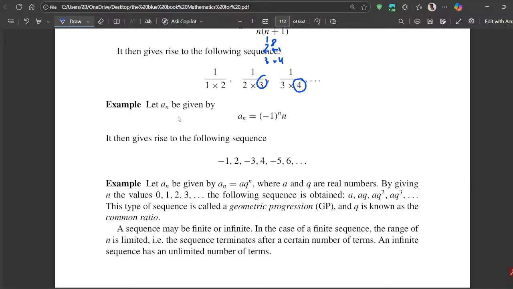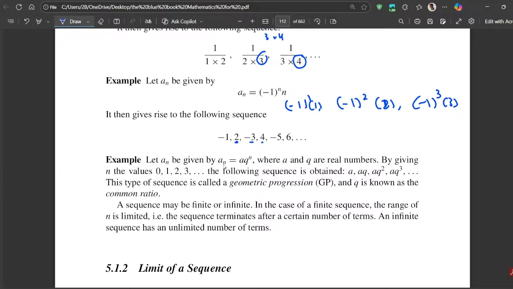Example: let a_n be given by this. So this is basically gonna be negative 1 over 2. Oh, okay, there's a multiplication here, so it's multiplied by 2. Then negative 1 over 3 multiplied by 3, which gives us 2, negative 3, 4, negative 5, and so on.